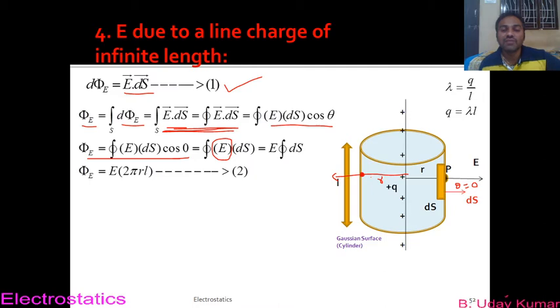So if you take any point on the curved surface of the cylinder, the Gaussian surface, that point is going to be at the same distance, but their directions will be different. Is that clear?